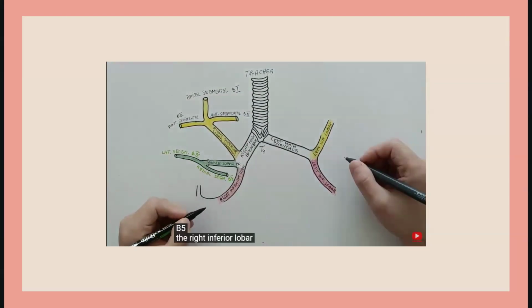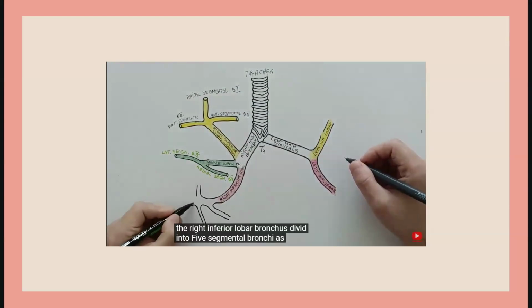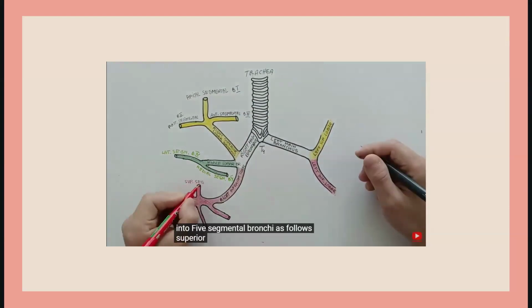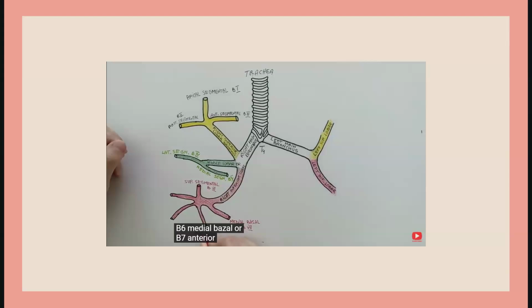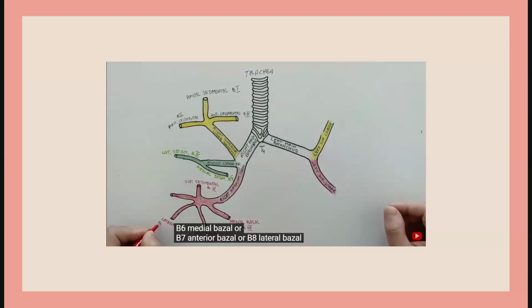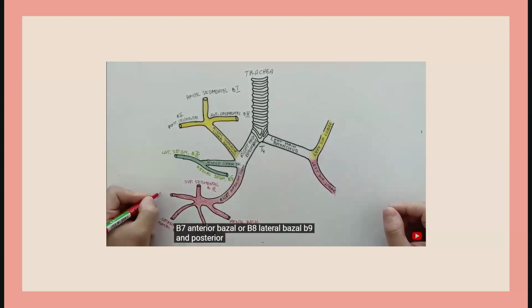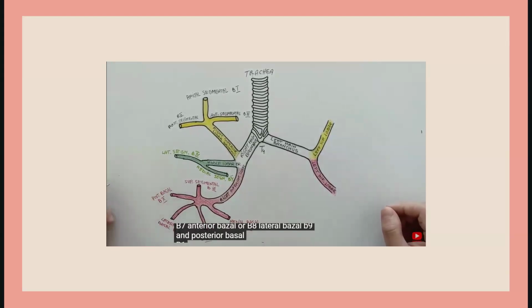The right inferior lobar bronchus divides into 5 segmental bronchi as follows: superior segmental, or B6, medial basal, or B7, anterior basal, or B8, lateral basal, B9, and posterior basal, B10.